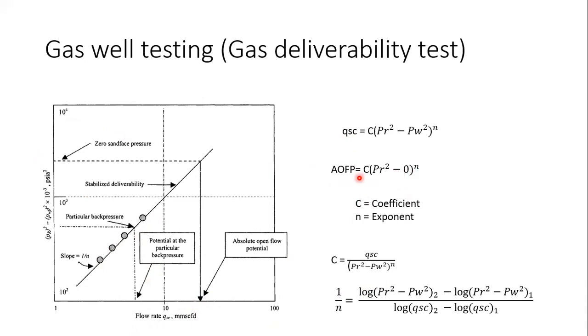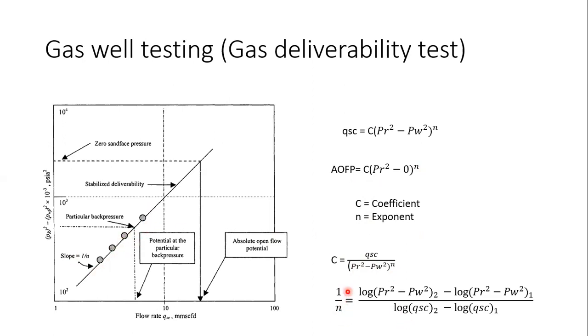So once it is 0, then it is C into PR square whole power n. If you know the value of PR, C, and n, we can estimate the value of AOFP. C can be estimated from any flow rate divided by its pressure differential to the power of n. n is an exponent, or else it can be taken as the slope of these 4 points linear line.